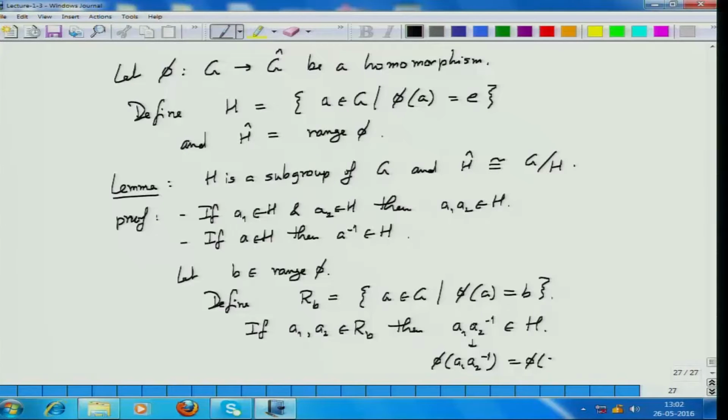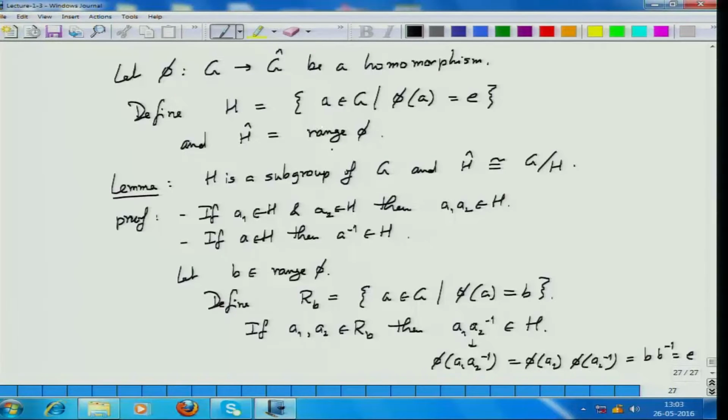This is phi of A1 times phi of A2 inverse. Phi of A1 is B. Phi of A2 is B, so phi of A2 inverse is B inverse, and the product is identity. So A1 A2 inverse is in H, and that is it. That shows that all elements of G that are mapped to the element B are precisely an equivalence class of G induced by H.